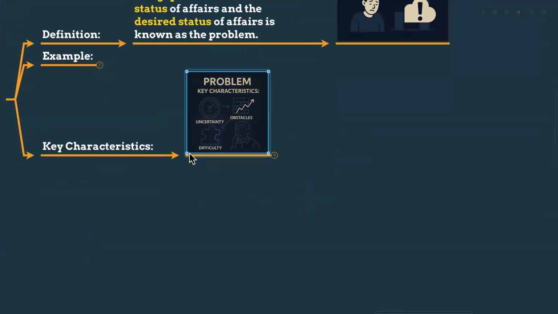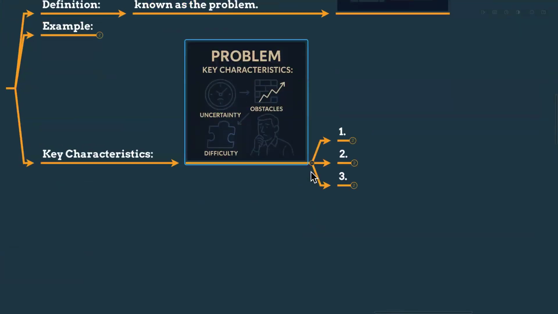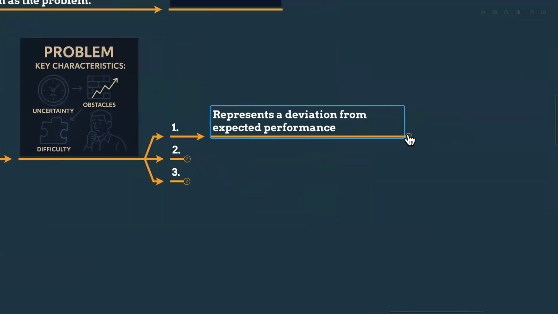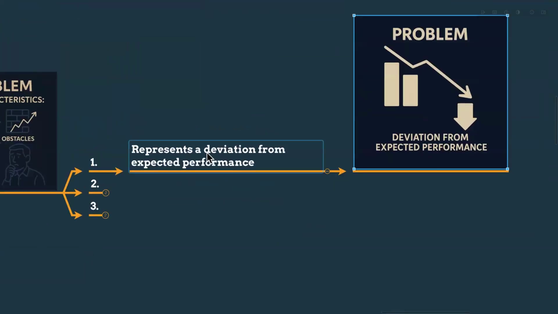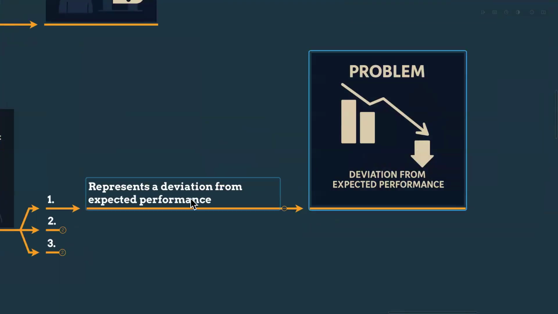So the key characteristics of problems are always, my dears, that it represents a deviation from expected performance, because you are expecting something, but your current status is something else. So something is wrong with the current situation. Just the same example I'm saying with Farhan's shop also.